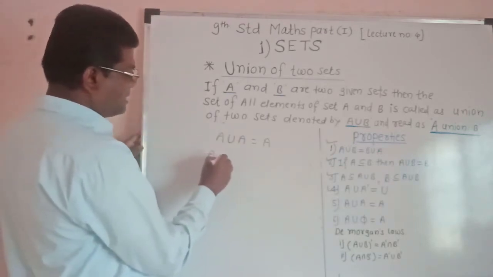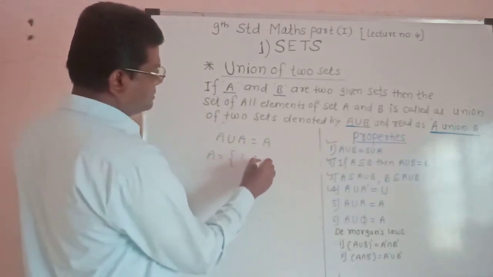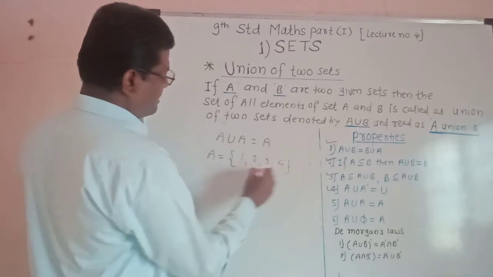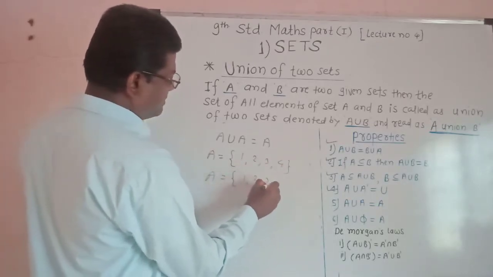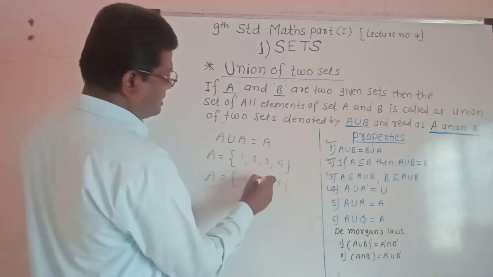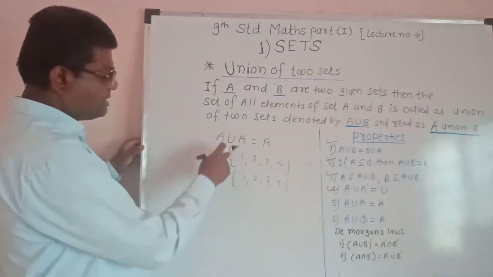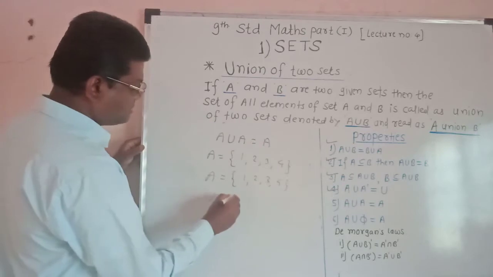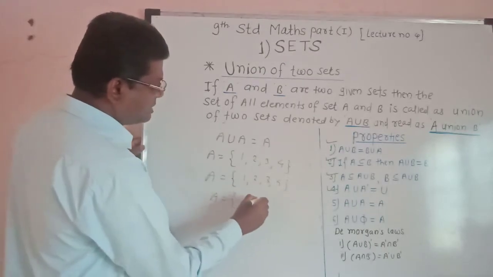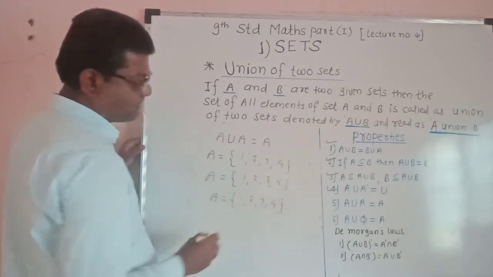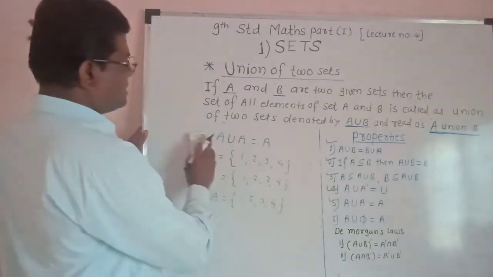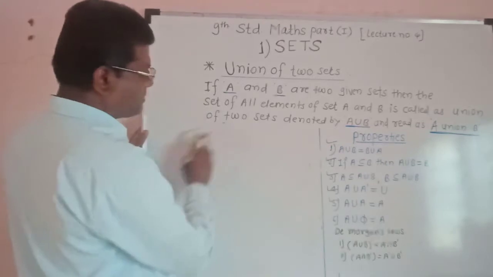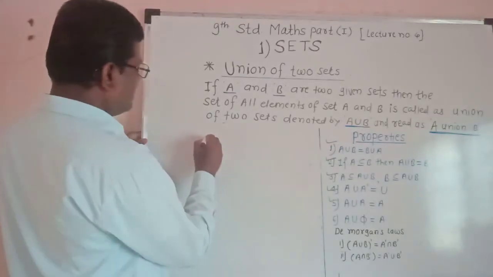Suppose A is a set of elements 1, 2, 3, 4 and the same set A is 1, 2, 3, 4. Then the union of these two sets, that is A union A, is also 1, 2, 3 and 4. This is property number 5. Now let us see the last property, property number 6.